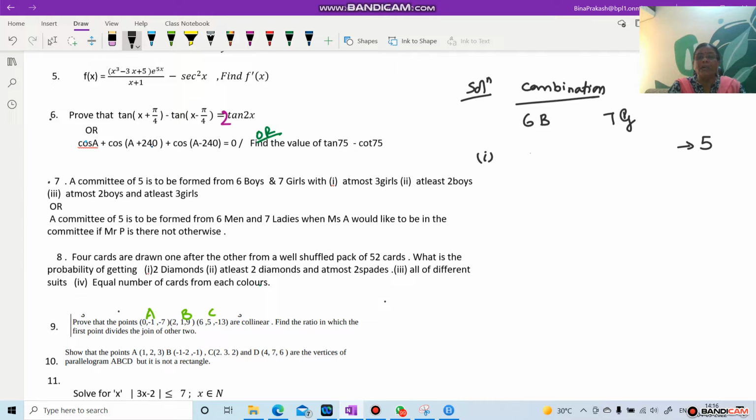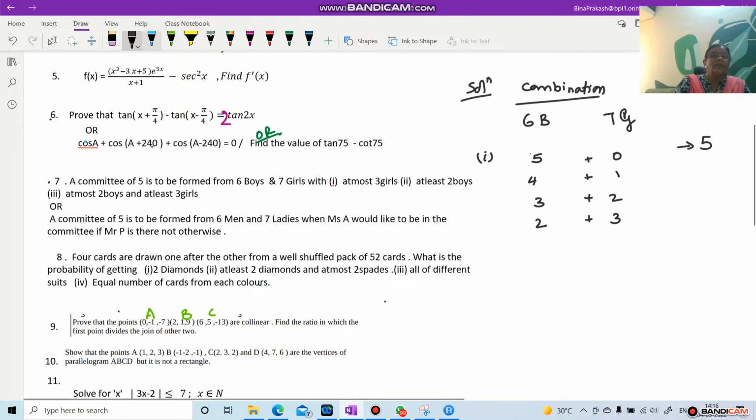That means we can have no girl, then we need all 5 boys. Or one girl, it has to be 4 boys. Two girls, 3 boys. And finally 3 girls and 2 boys, because it cannot be more than 3.